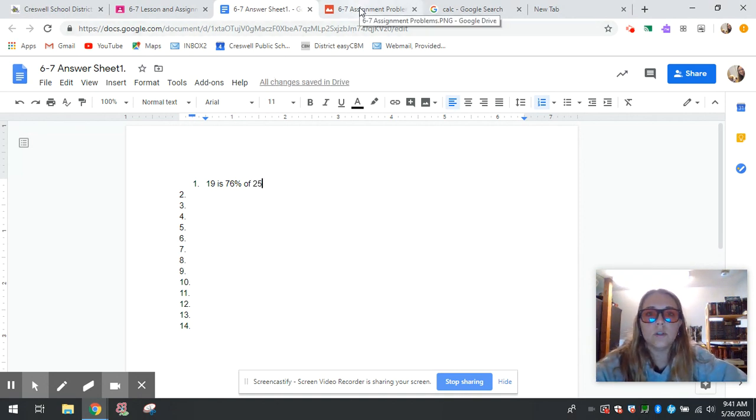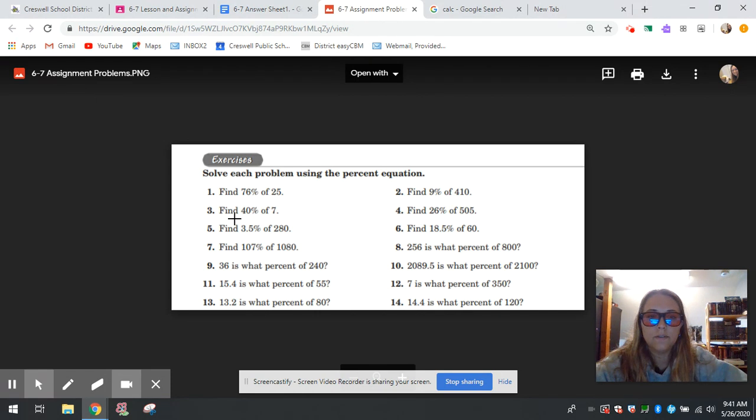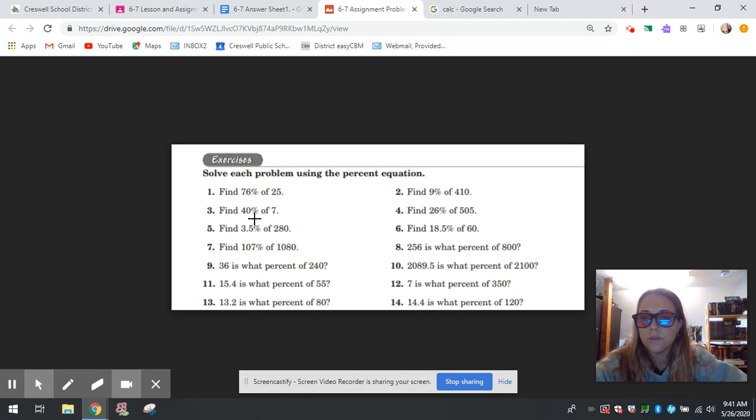Now, these ones are pretty easy. The ones that just say find a percentage of a number, switch it to a decimal and multiply. So I'm going to skip over all the rest of those, but I'll start here at 8. 256 is what percent of 80?